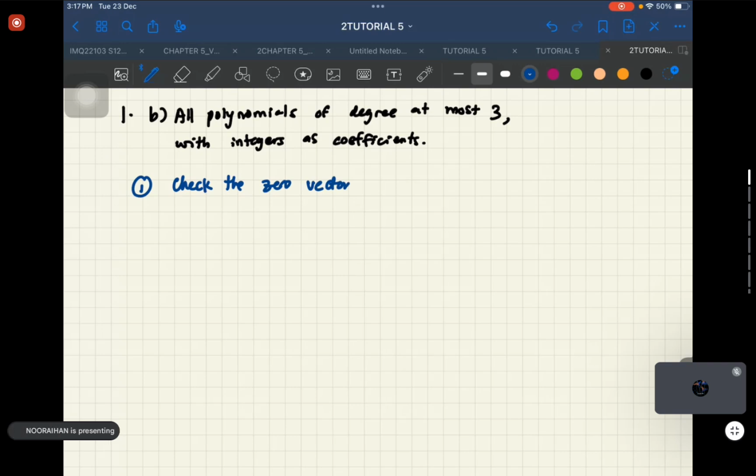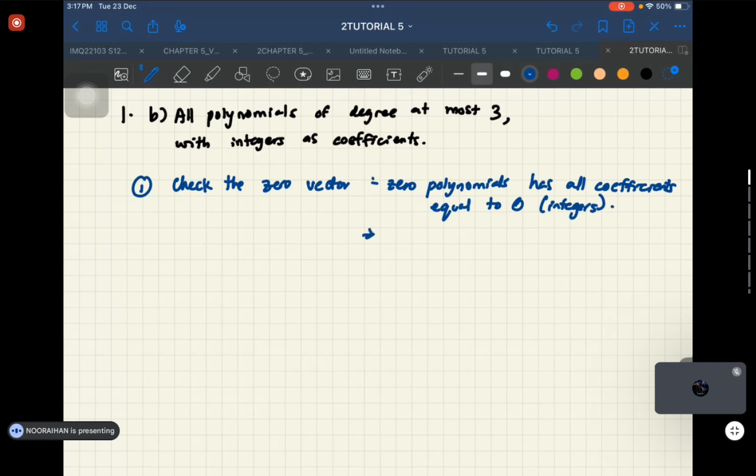Where 0 is an integer, so the 0 vector exists. Number 2, check closure under addition.